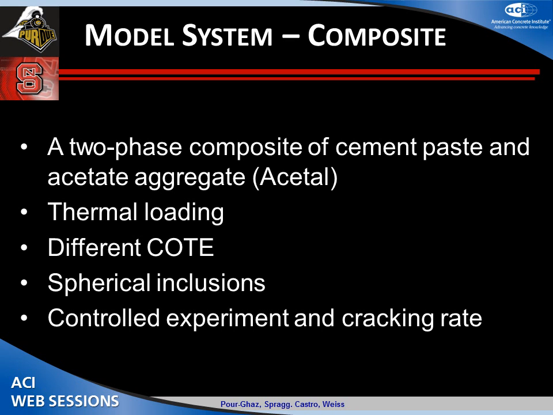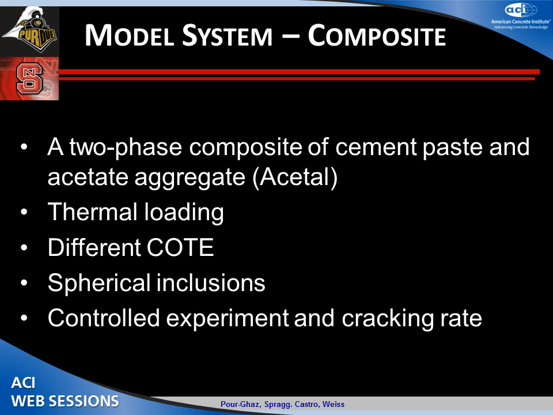Now, the concept of model system is pretty straightforward. Here, what we are trying to do is make a composite material. We are replacing the aggregate inside the mortar with spherical inclusions made of a plastic called acetal.